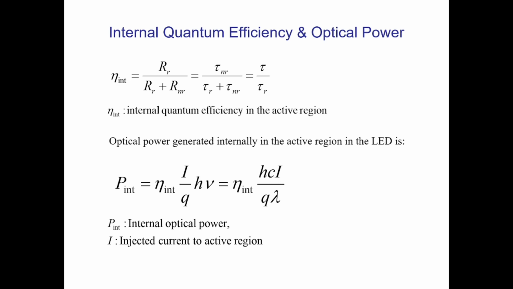This can also be expressed in terms of wavelength, since nu is equal to c by lambda. So at a particular wavelength, the designed optical signal will give this much power. Your internal power is related with the injected current to the active region I, the charge q, and the photon energy h related with the wavelength.